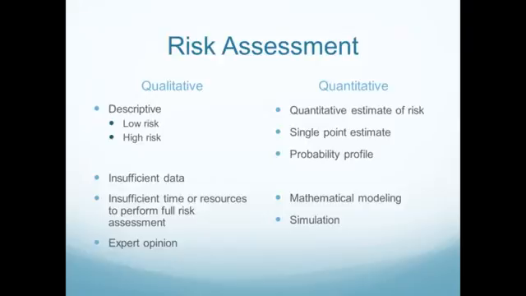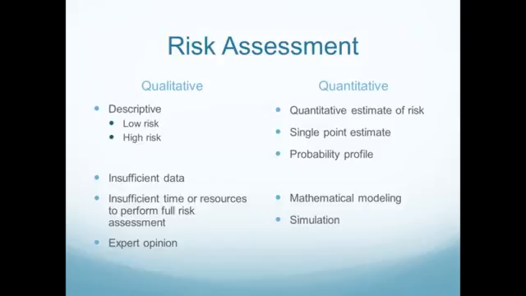This is usually when there's no real data to fill in the spaces or insufficient time for fuller risk assessment, and these are usually based on expert opinion. So, for example, somebody could say, oh, well, hepatitis A is going to be a really high risk in foods, even though they haven't really got the data for that. But they'll just say it is or it isn't.